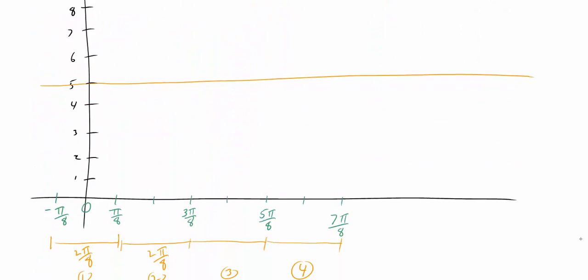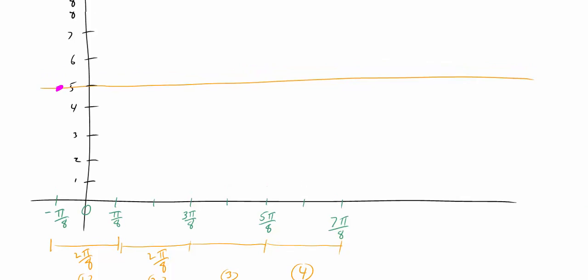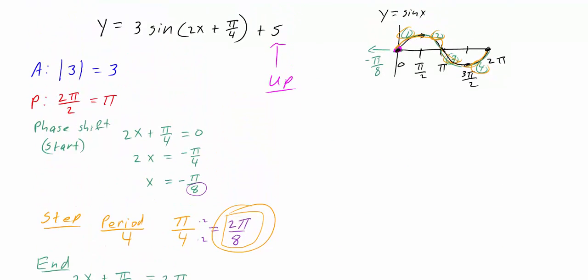So knowing that, we know that our function is going to start at negative pi over 8. And I said that the sine function starts on the axis. So that means our starting point would be here on the axis. And then our amplitude was how much? We need to know how high do we go? Well, the amplitude was 3.